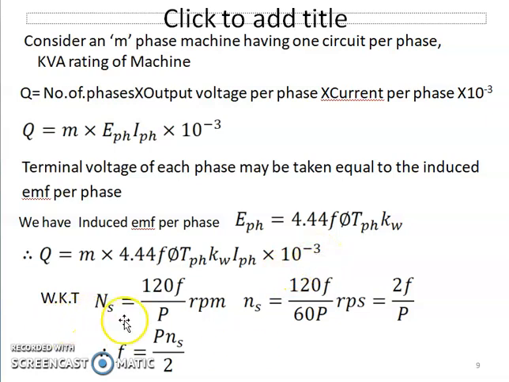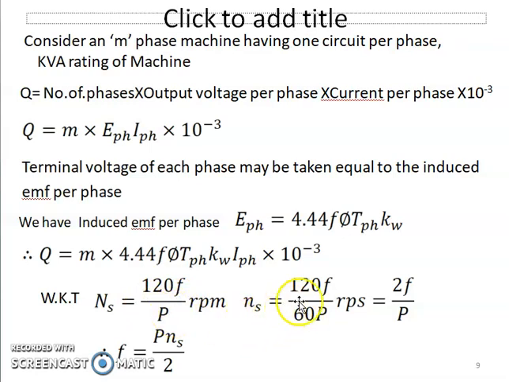As we know, Ns is synchronous speed and it is expressed as Ns equal to 120 f by P rpm. To get this value in rps, that is, in revolutions per second, divide this equation by 60.